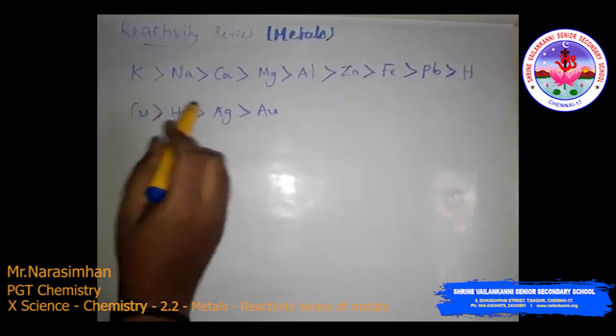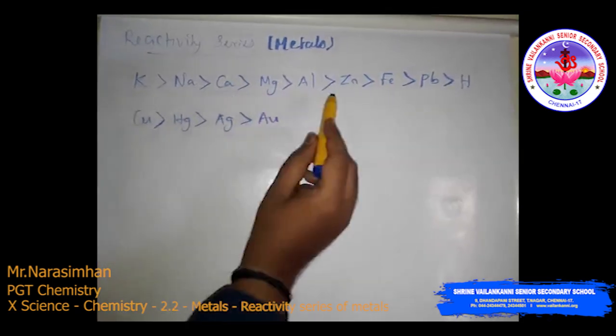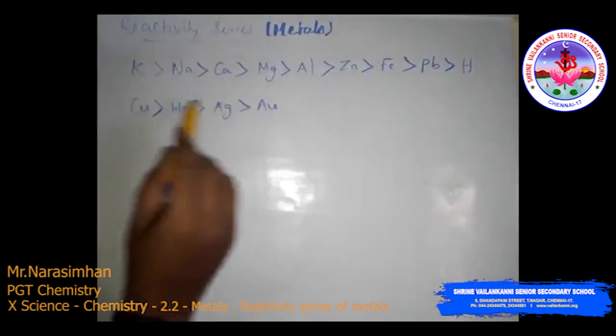This is the list of metals arranged in the decreasing order of the reactivity series.